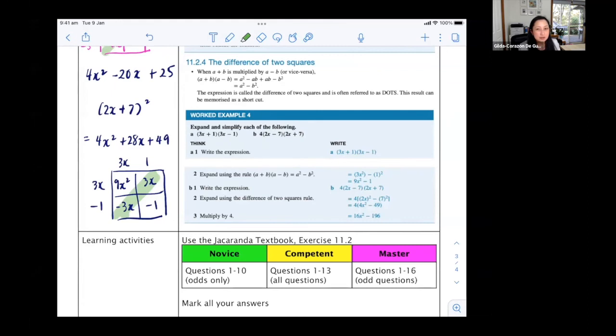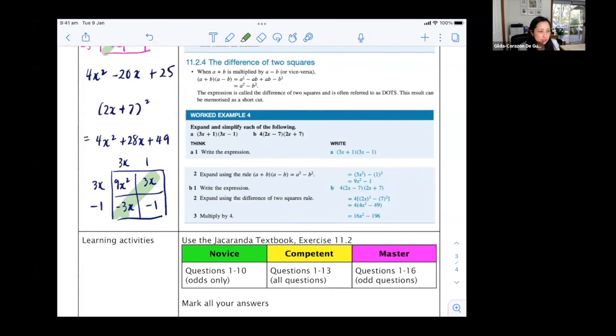Okay, so what I want you to do for your exercises is to complete questions 1 to 13. You don't have to do all of them. Maybe do the first or the second columns, and then move on to the more difficult ones. Questions 8 and 9 are similar to your worked example 3.